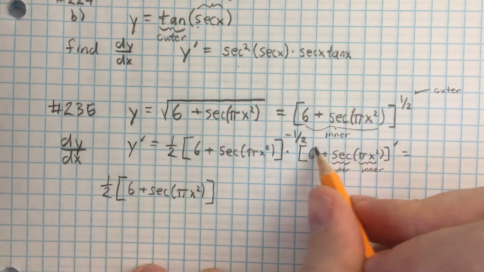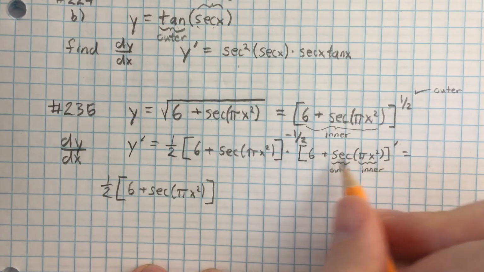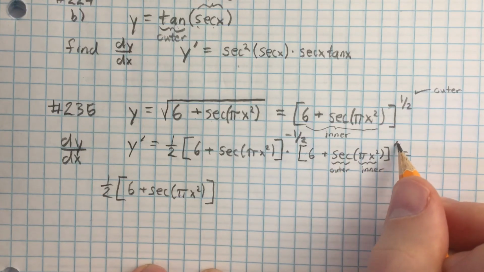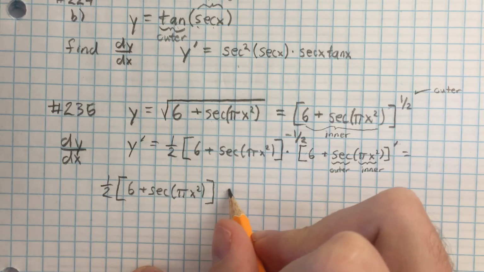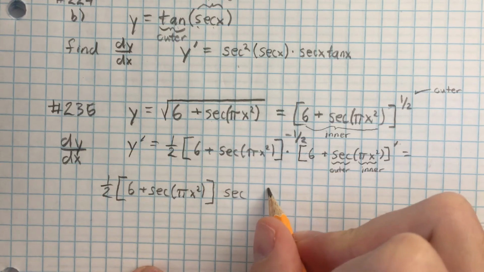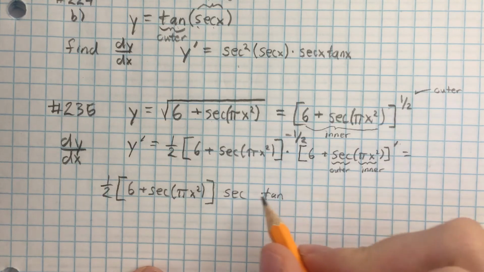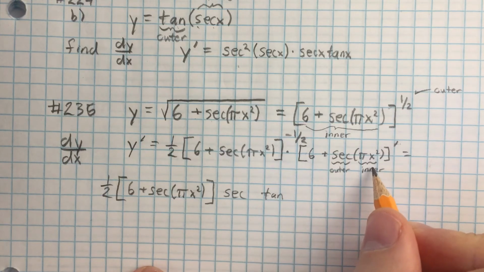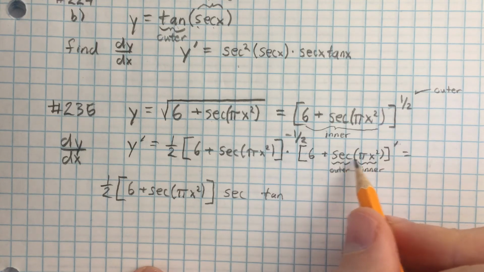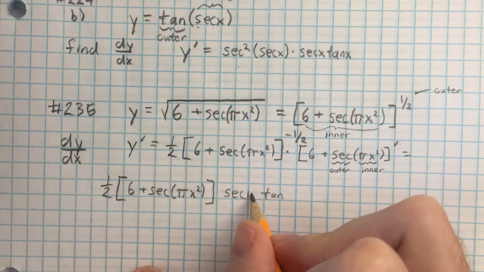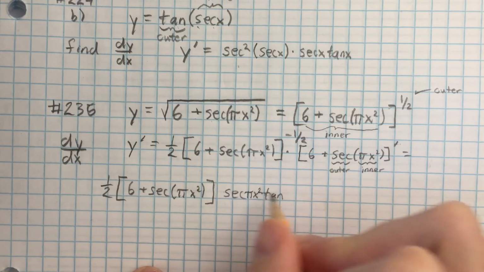Again, I'm really taking the derivative of the whole thing, but this goes to 0 immediately, and I'm really just focusing on this piece. The derivative of secant is secant tan. Okay? So I have secant tangent multiplied together. But the argument in here is going to be the inner function maintained from this expression, right? The inner function stays the same inside the derivative of the outer. So pi x squared should still be in here, in both of them.